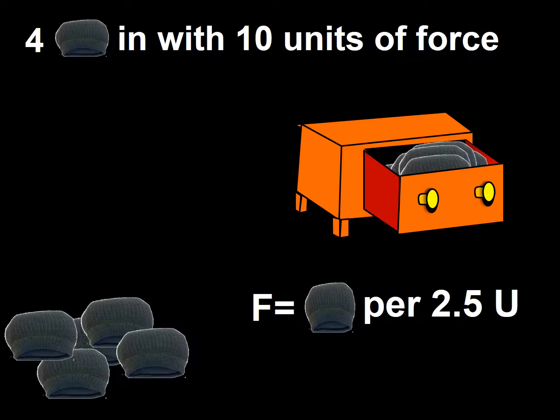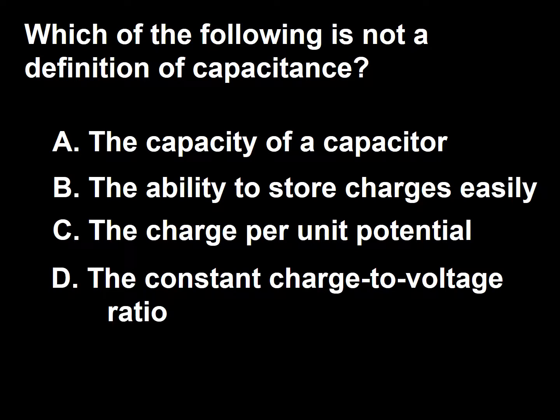In this example that we have just looked at, 4 pairs of socks were put in the drawer using 10 units of force. So the farad equivalent would represent that for each pair of socks, 2.5 units of force was spent. So the answer to this question, as you know, is A.